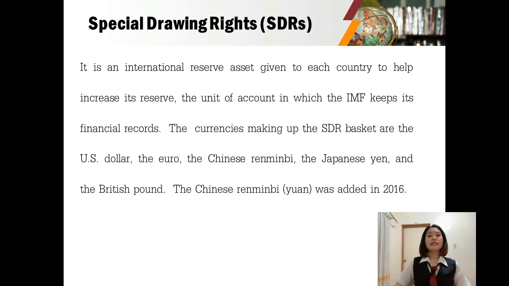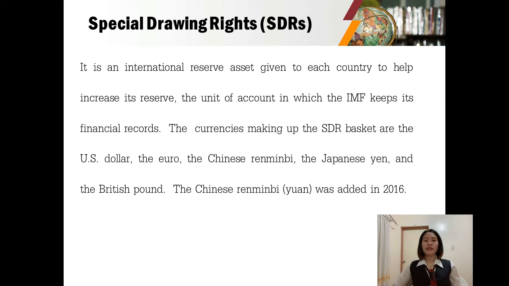So, before its creation, the international community had to face several restrictions in increasing world trade and the level of financial development, as gold and US dollars, which were the only means of trade, were in limited quantities. In order to address the issue, SDR was created by the IMF.